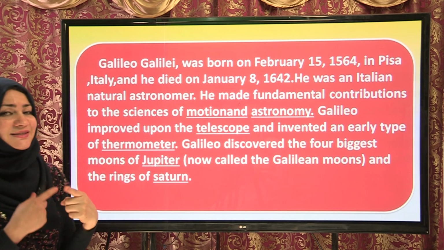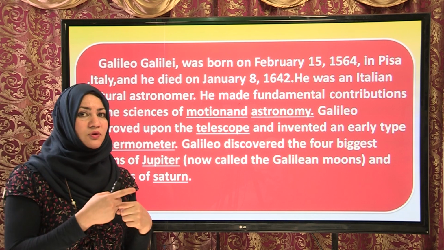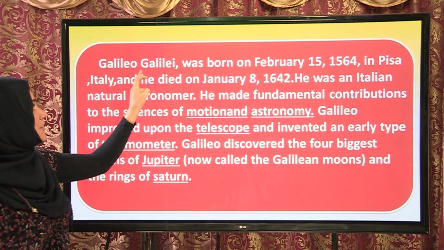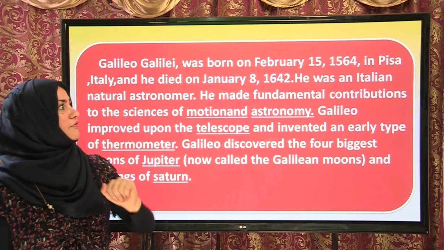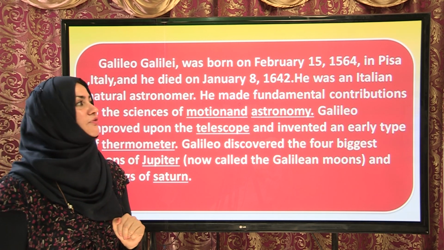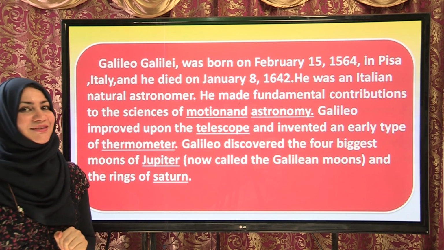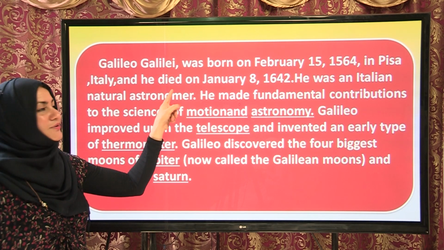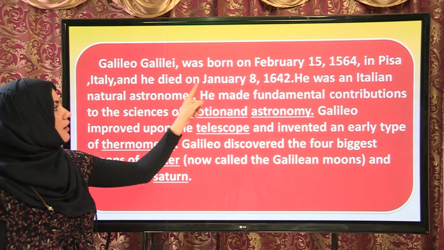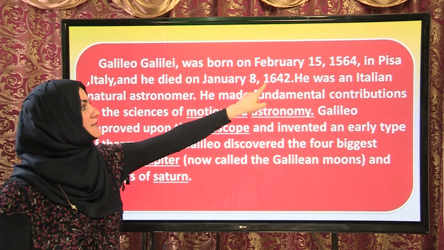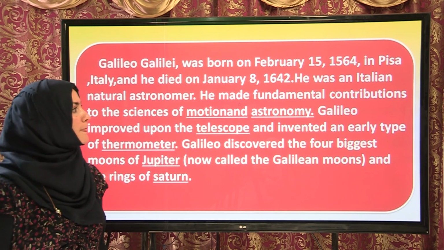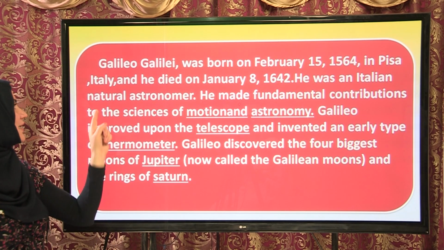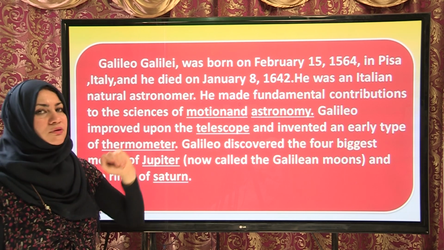We reread the text again. Listen, reread, listen, then we do. The second time. Galileo Galilei was born on February 15, 1564 in Pisa, Italy. And he died on January 8, 1642. He was an Italian natural astronomer.